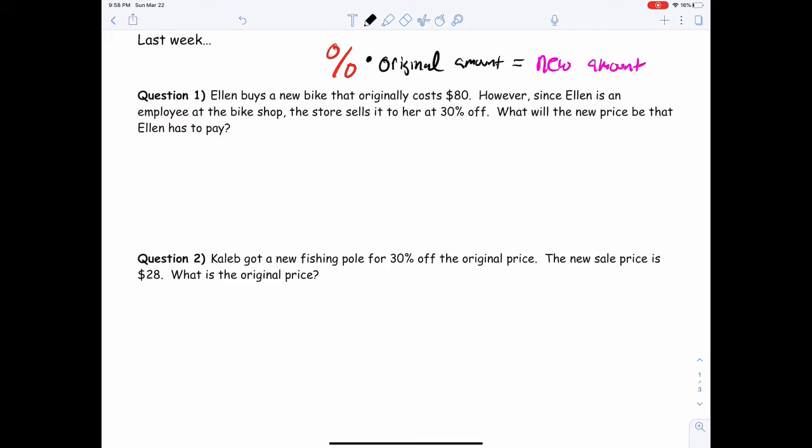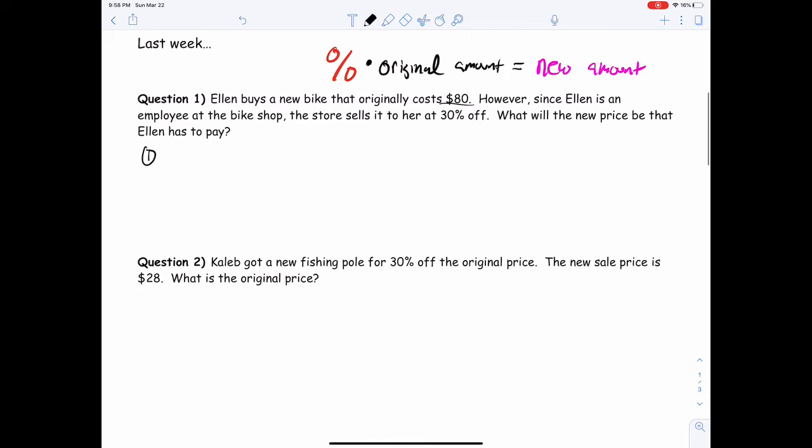Ellen buys a new bike that originally costs 80 bucks. However, since Ellen is an employee at the bike shop, the store sells it to her at 30% off. What will the new price be that Ellen has to pay? Well, from last week, we know that 30% off means that they're paying for 70%. And we know that 70% as a decimal is 0.7.